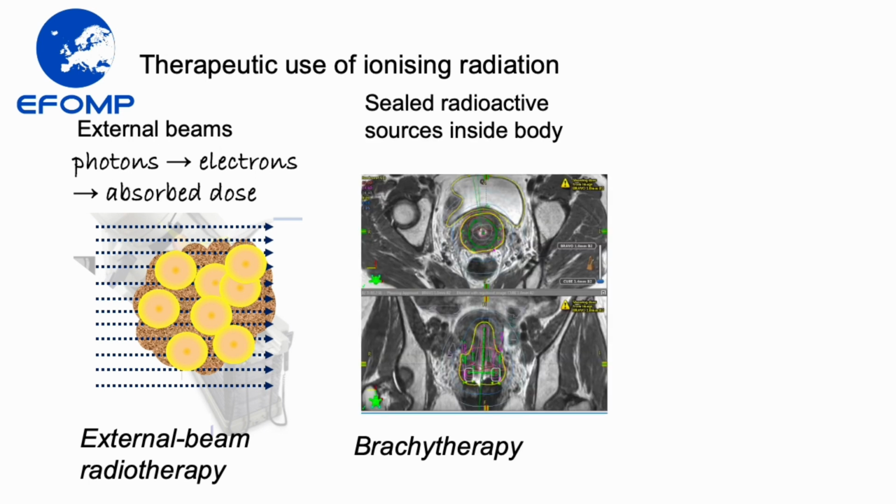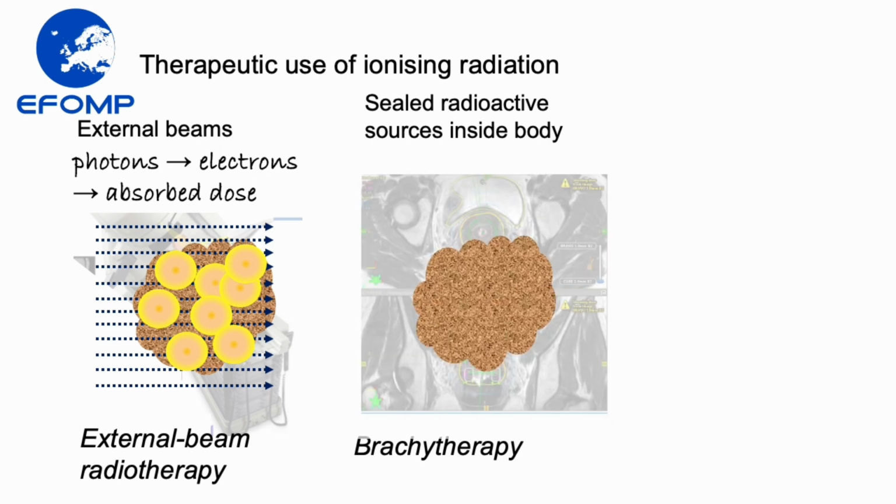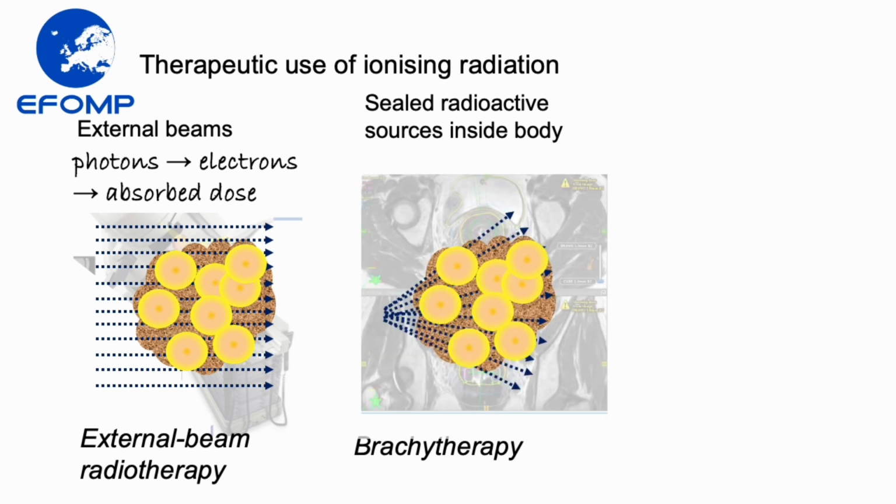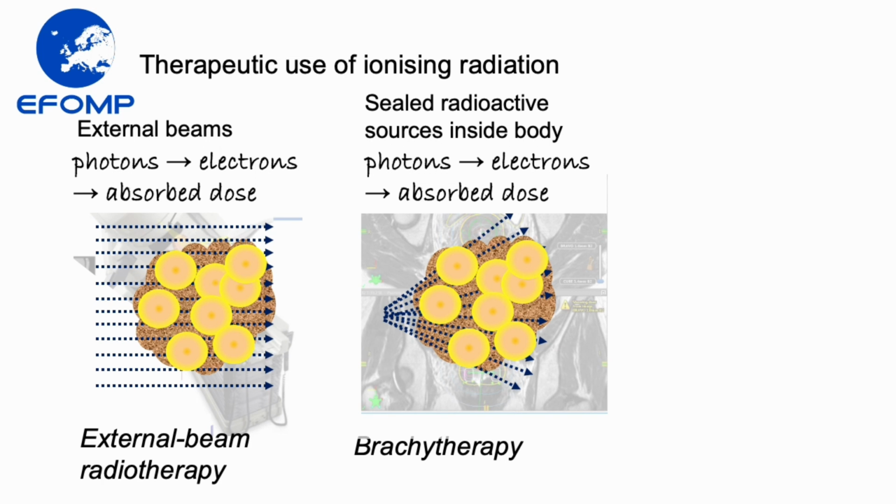If we use sealed radioactive sources inside the body, as in brachytherapy, we have again most often a photon field which is more divergent than for external beam radiotherapy, but the mechanism of action is again photons that generate a fluence of electrons that delivers the absorbed dose.